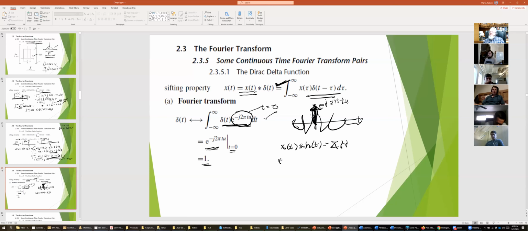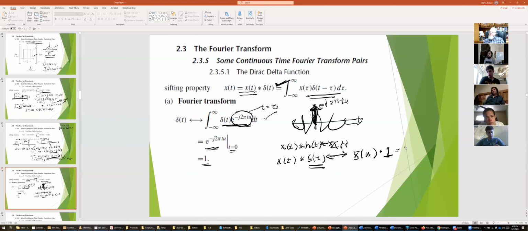So if we have x of t convolved with a delta function, this should be a double arrow here. This should Fourier transform to X of u times the Fourier transform of the delta function, which is 1.